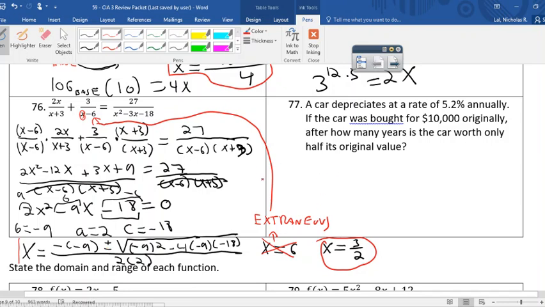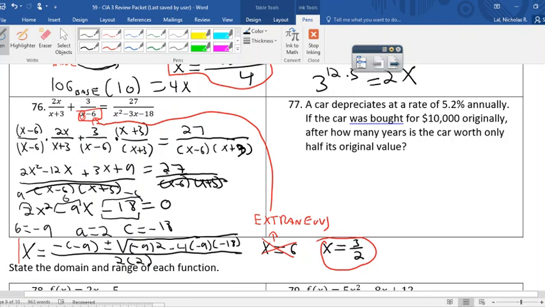How do you know if it divides by 0? I know because I got two answers when I used the quadratic formula, x equals 6 and x equals 3 halves. I know x equals 6 is an extraneous solution because if I plugged x equals 6 into this denominator right here, 6 minus 6 is 0. Yes, David? Can you get negative 18 from the denominator?